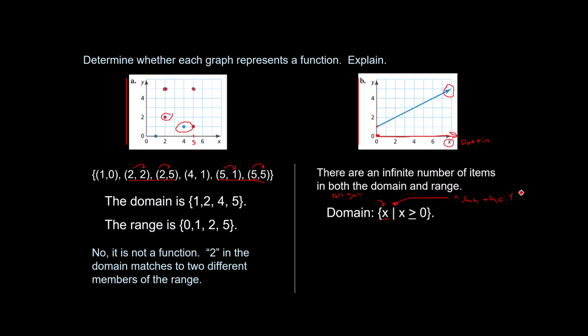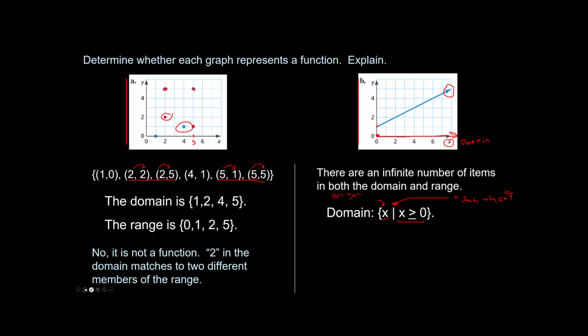Such that, or as long as, the x meets this condition. I can use any value of x I want in my domain as long as that number is greater than or equal to 0. That describes what I'm seeing here. Everything will work as long as it's along this side.